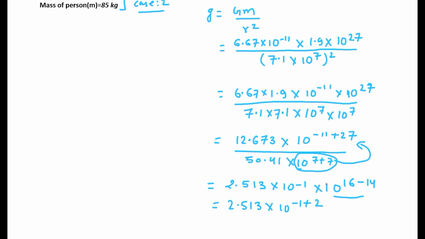So 2.513 into 10 to the power minus 1 into 10 to the power 2 becomes 10 to the power 1.